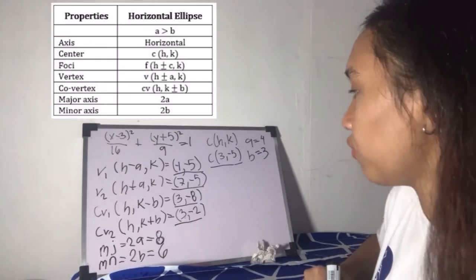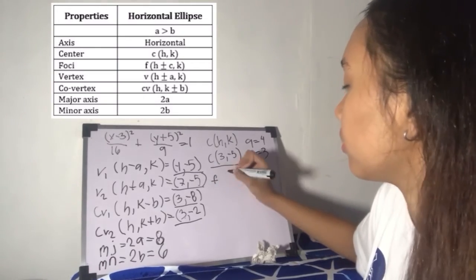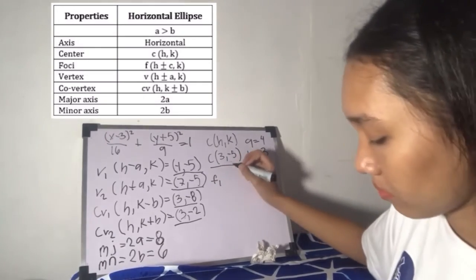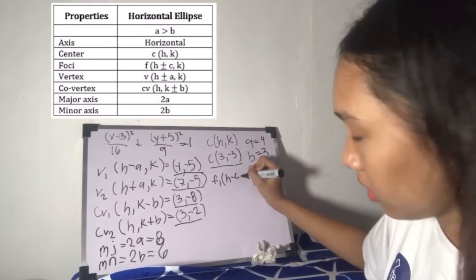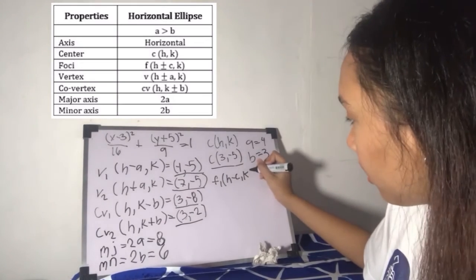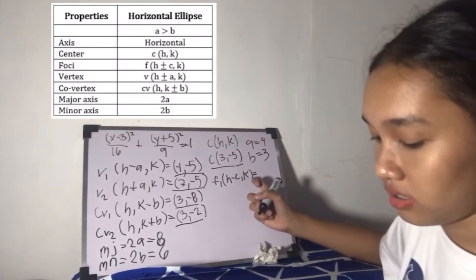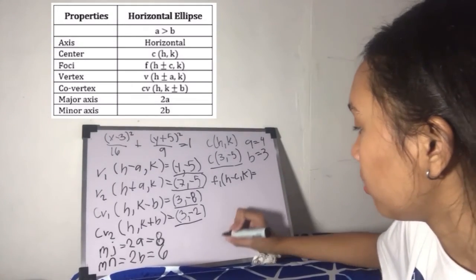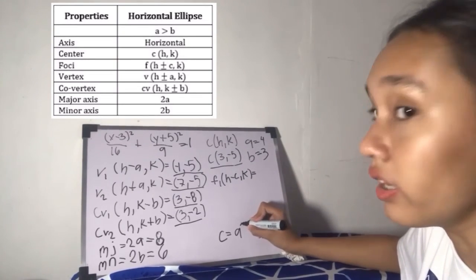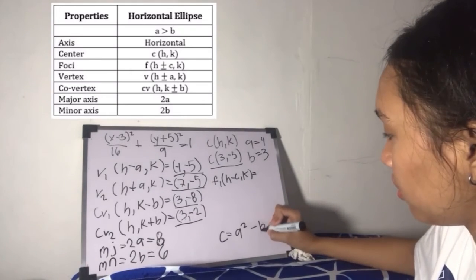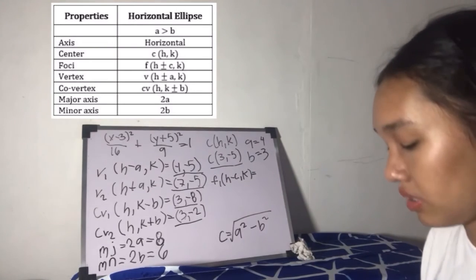Now, to find the foci, the first focus is h minus c and k. We need to find the c first. To find the c, we have the equation c equals the square root of a squared minus b squared.